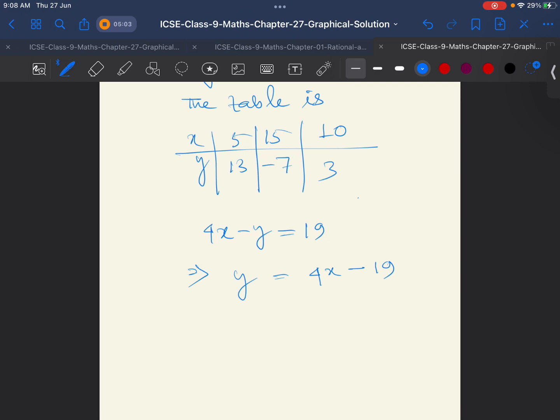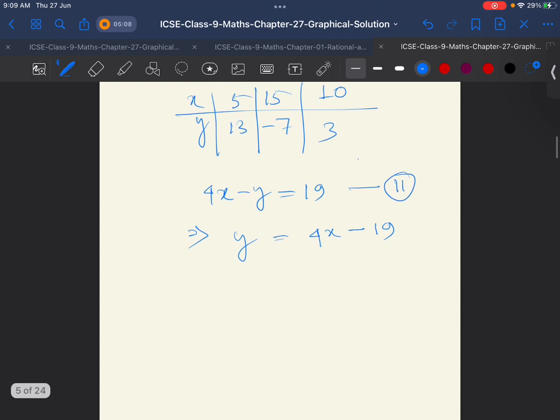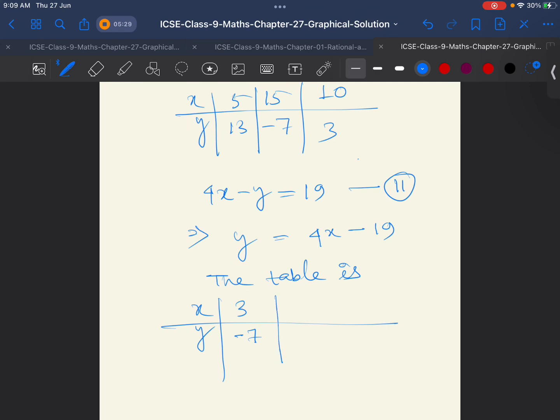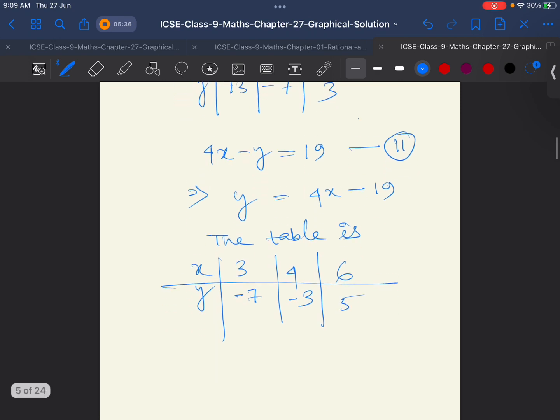Okay, so we get this as equation 2. Now the table is here. When x is 3, y is minus 7; when x is 4, y is minus 3; when x is 6, y is 5.